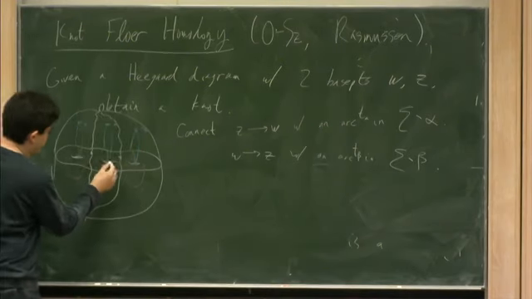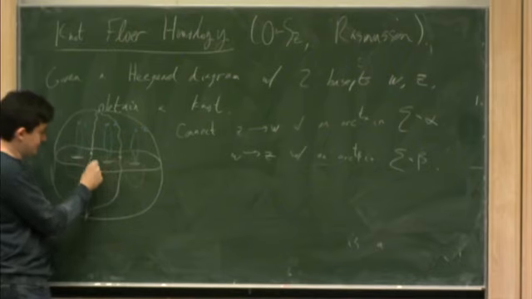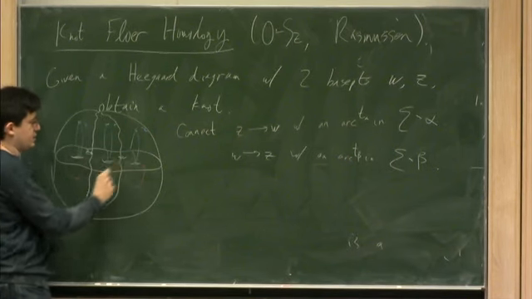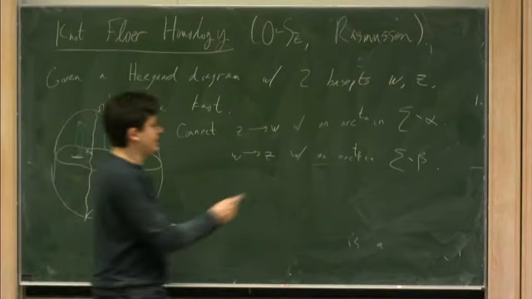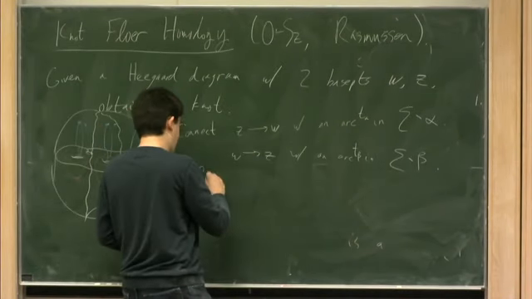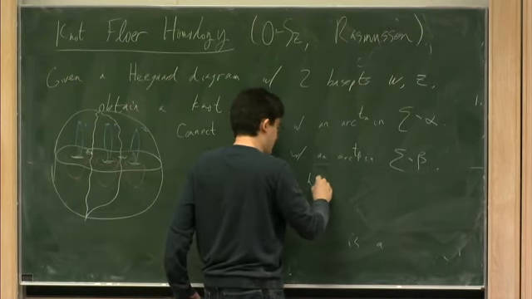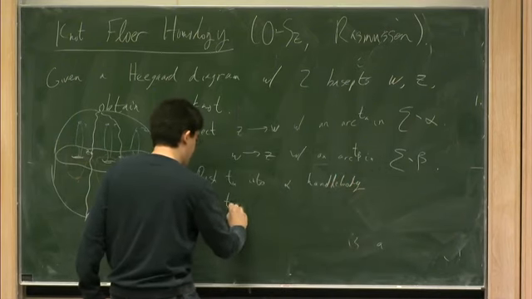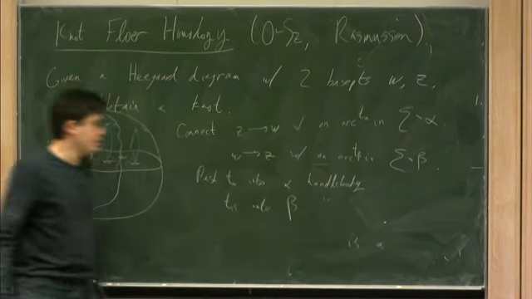Okay, so let's see if I could try to do that. If I connect from one point to the other point, maybe I'll call this Z and W, I can push this arc. Then what I'll do is push t alpha into the alpha handlebody, and t beta into the beta handlebody.